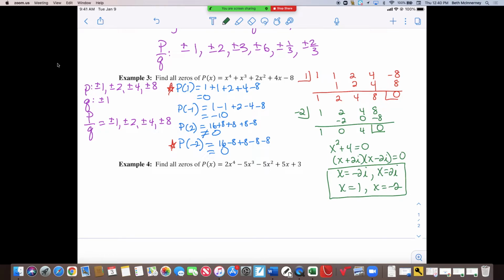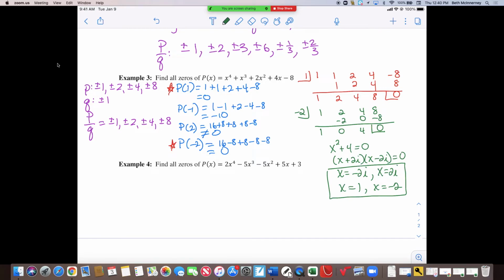Okay, great question, and that's circling back to what Keelan had asked. You see this is 4th degree? So if I do the first synthetic division, I went from a 4th degree to now a 3rd degree. And then when I did it again, that took me down to an x squared. I could go try the other ones, but you see none of them would work because these were imaginary.